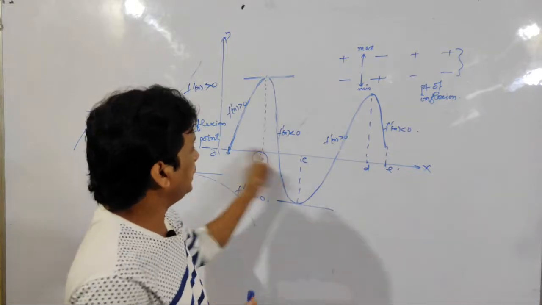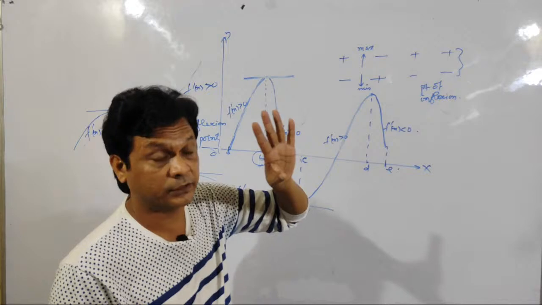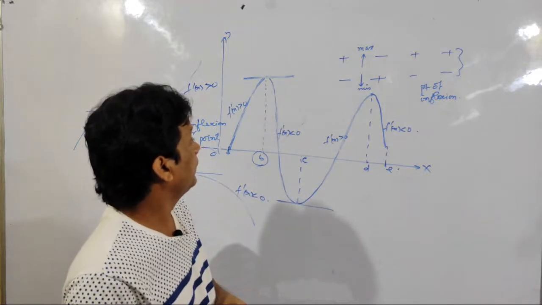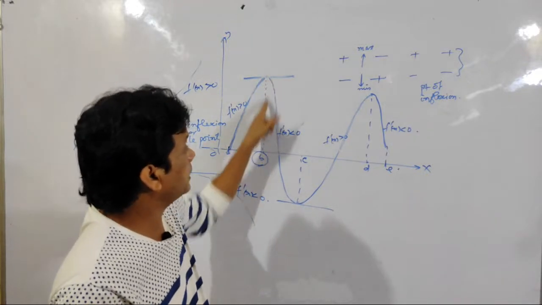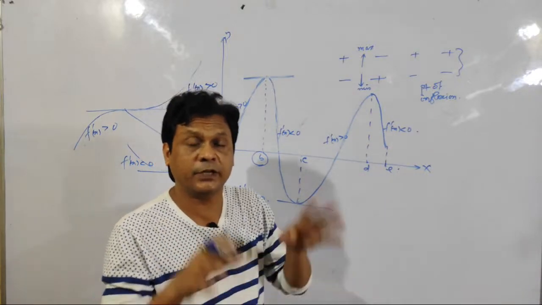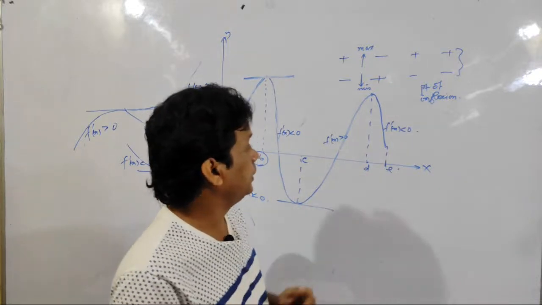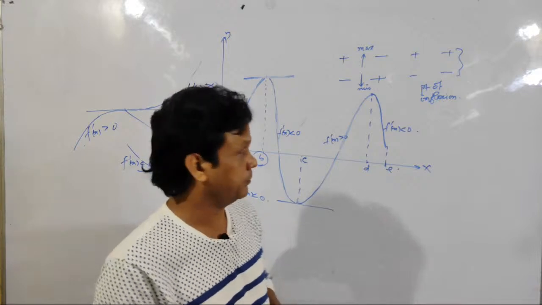In between AE, there are 2 maximas. This is a local maxima, and this is also a local maxima, or relative maxima, you can say. That means at B and D, you are getting local or relative maxima.